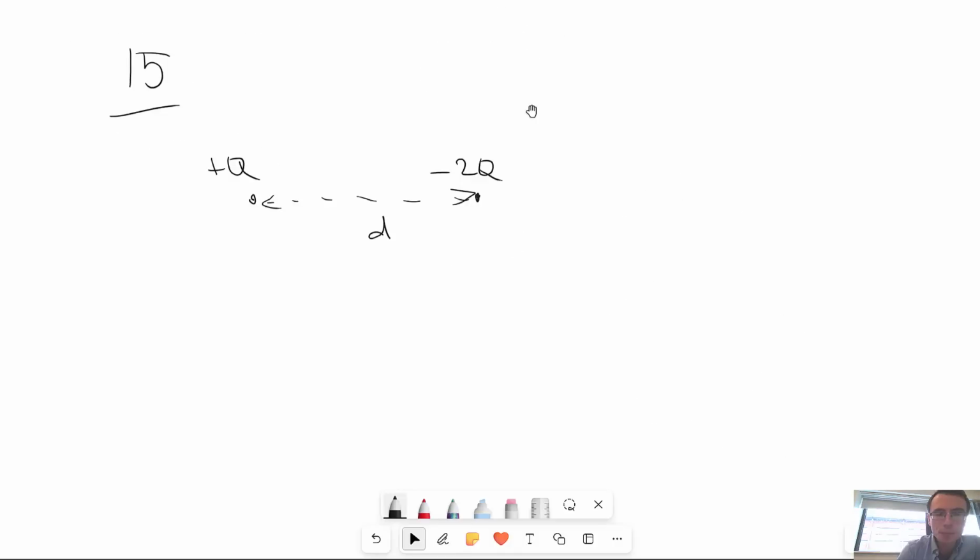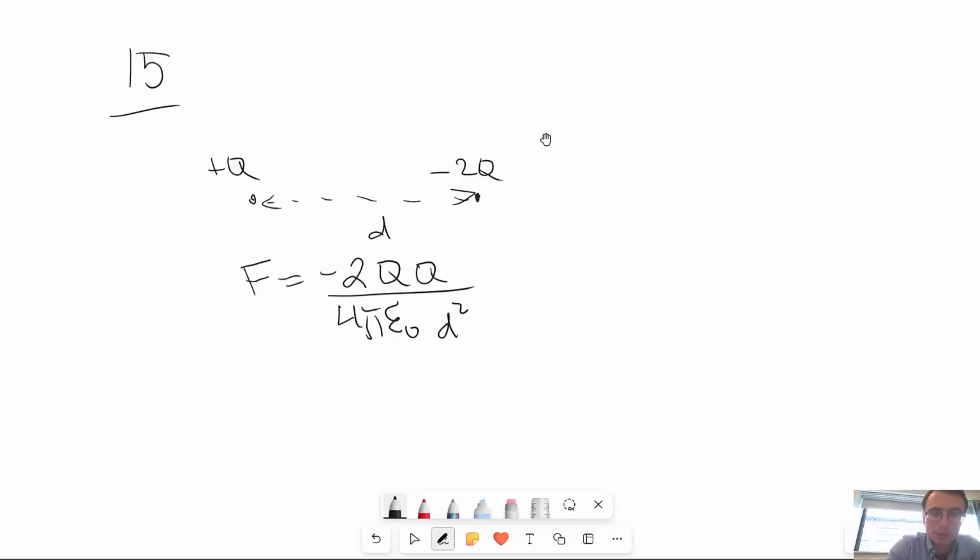So for question 15, we've got a couple of charges, plus Q and then minus 2Q, with a distance D between them. If that's the case, we can say that there's going to be an attractive force with a magnitude of 2Q multiplied by Q over 4 pi epsilon naught D squared.